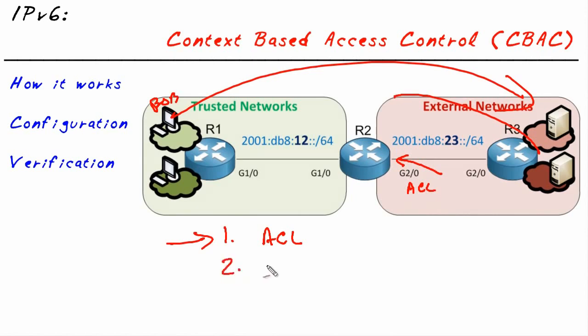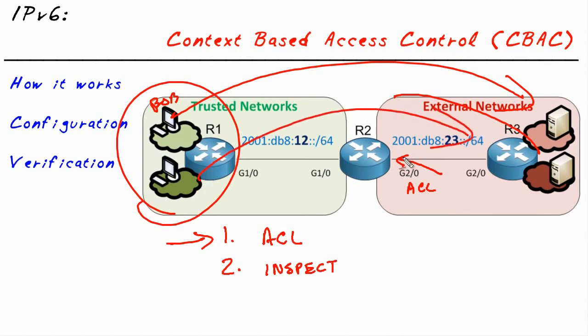The second step is we're going to inspect the traffic. Now, when we see the word inspect, I want you to think remember the traffic. We're going to train R2 to remember, for example, TCP sessions that are sourced from users over here as they go out to the internet. Now, why is that important?